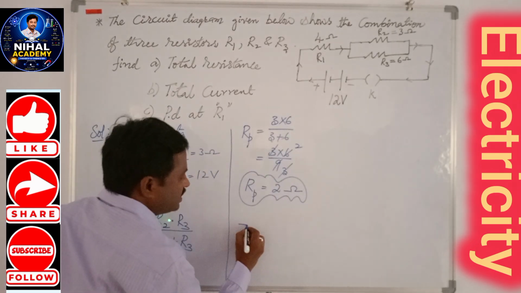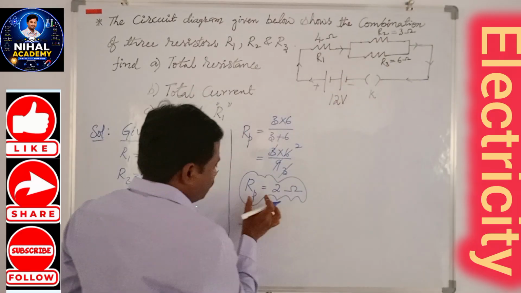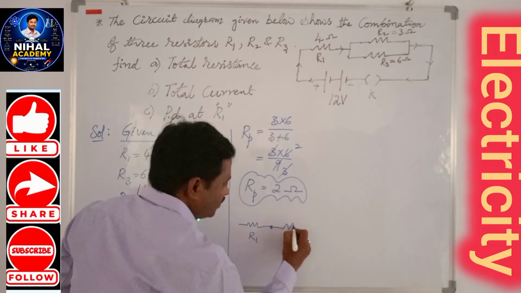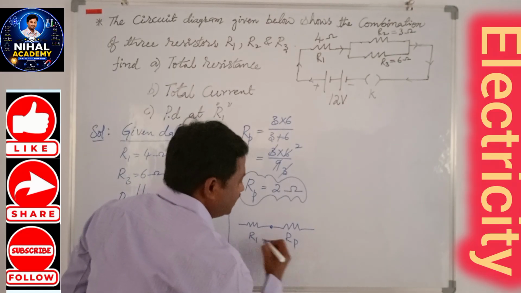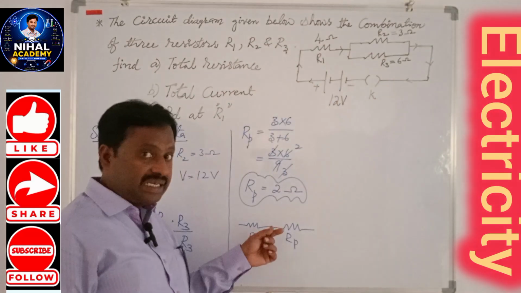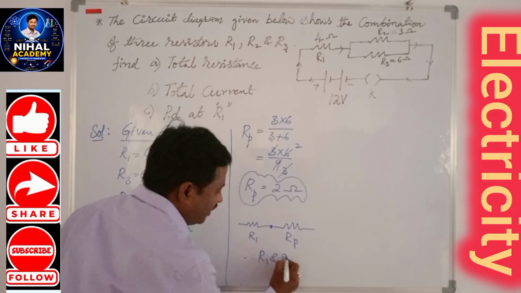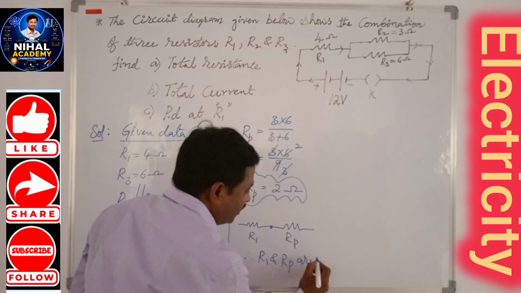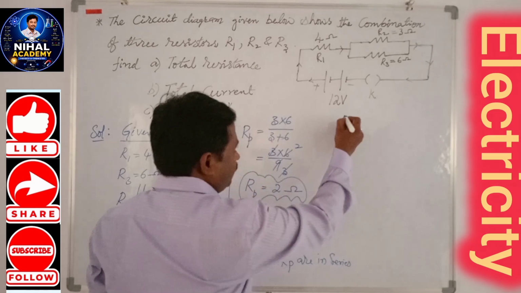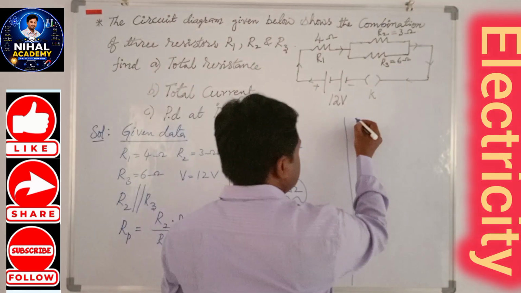Check the connection here. This is R1 and the resultant of these two is equal to Rp. So Rp is connected here. So now these two are in series connection. Therefore R1 and Rp are in series.